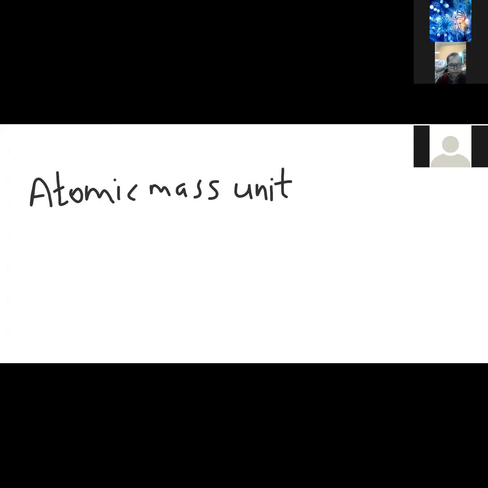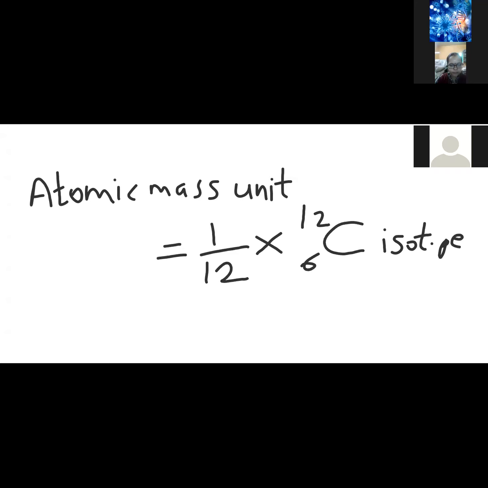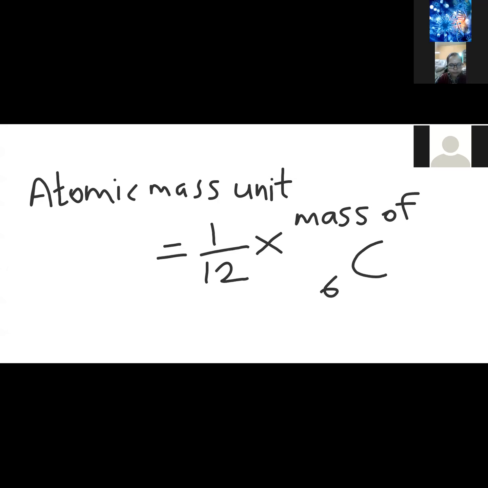So atomic mass unit is equal to just 1/12 of the mass of a carbon-12 isotope atom.